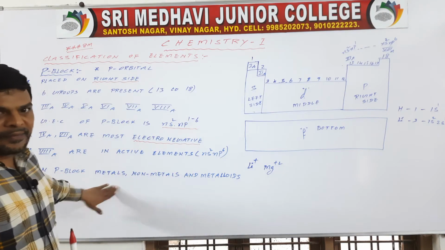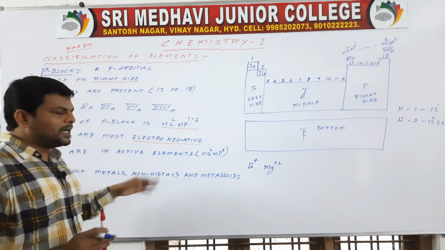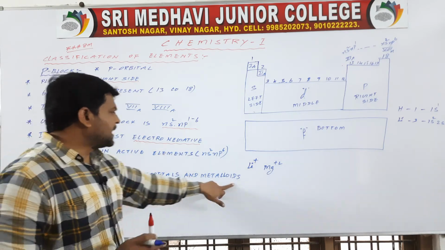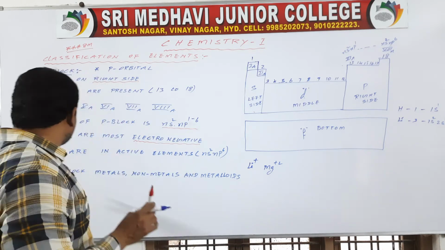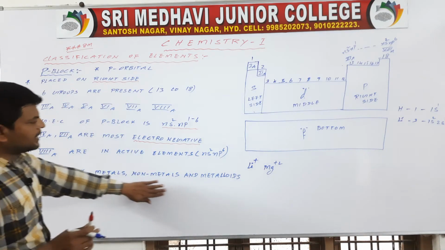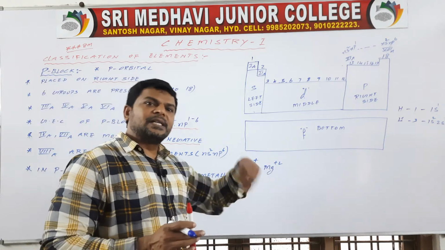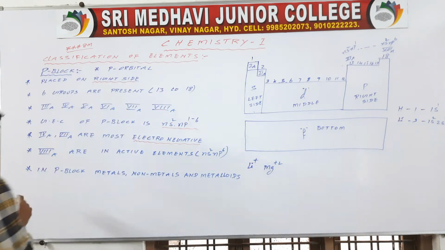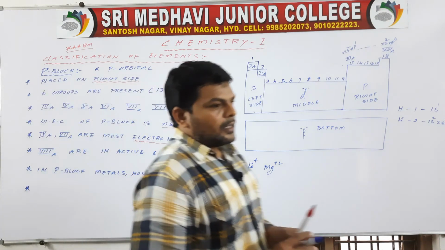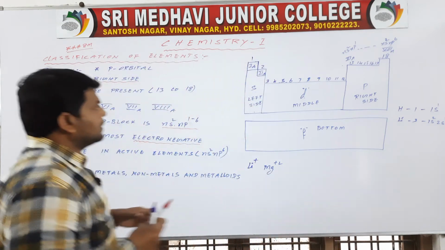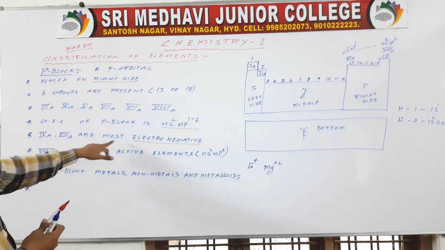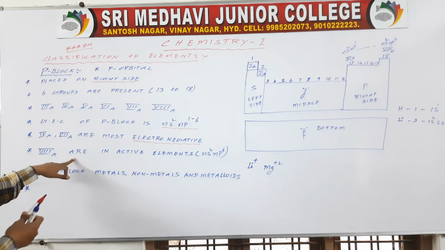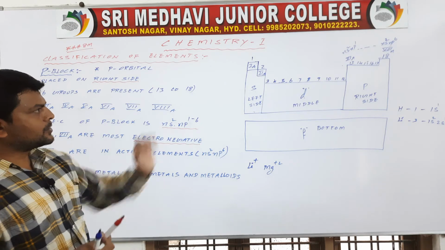So metals means having metallic nature, non-metals means having non-metallic nature, metalloids means 50% metallic nature and 50% non-metallic nature. In p block, metals, non-metals and metalloid elements are all present. Okay, and these are also most reactive elements. They are nothing but electronegative, except the inactive elements with ns2 np6.